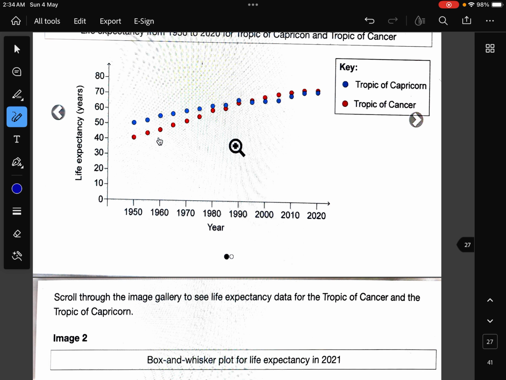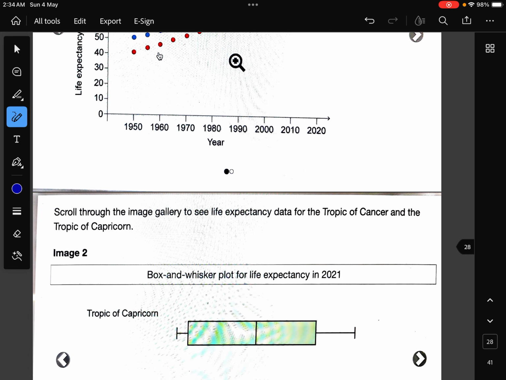So we will use that later to help us with some of the arguments that we're going to make for that statement or that headline that we see here.